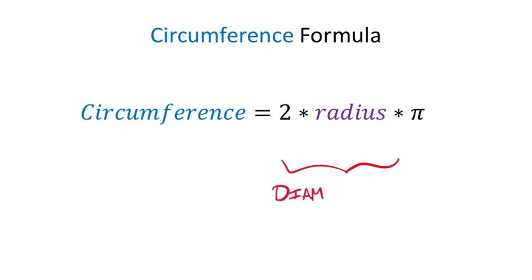So if you wanted to just find the diameter and multiply that by pi, you could. But again, the diameter is just double the radius. However you want to look at it just depends on you. I guess maybe we can show both ways, depending on which value they give us.